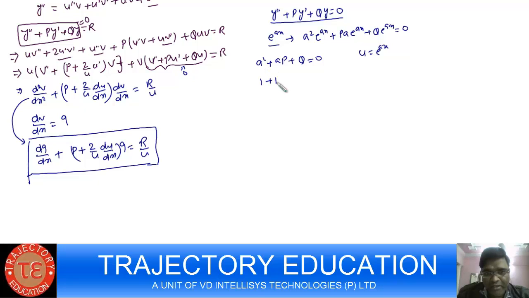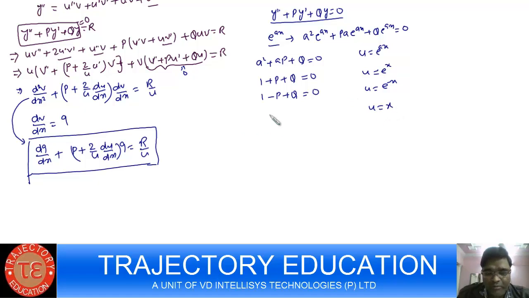If I put a equal to 1, meaning this condition is satisfied, then I can safely say that one of the integrals belonging to the complementary function is e to the power x. If I put a equal to minus 1, then I can safely say e to the power minus x is one of the integrals.